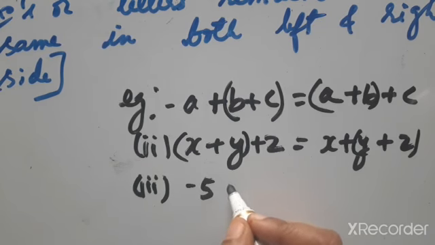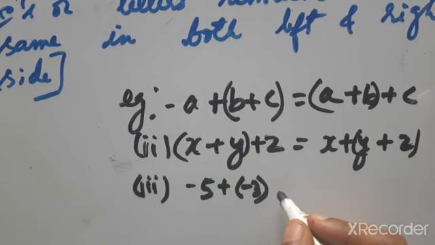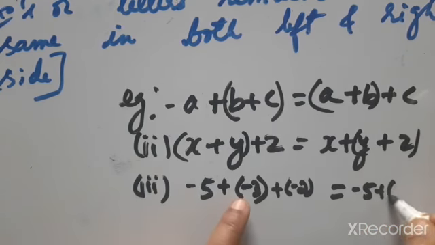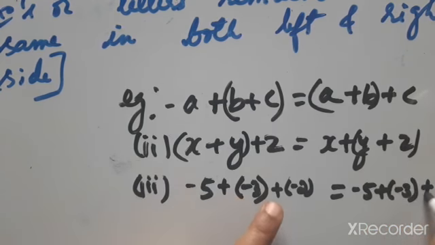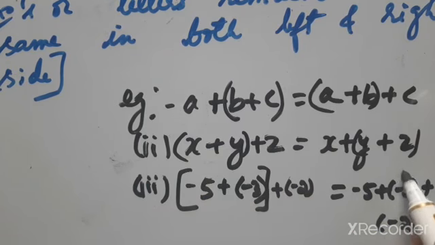One more example: minus 5 plus minus 3 plus minus 2 equals, again the same numbers, minus 5 plus minus 3 plus minus 2. Now if the bracket is on the first two numbers, here we have to put the bracket on the second and third numbers.